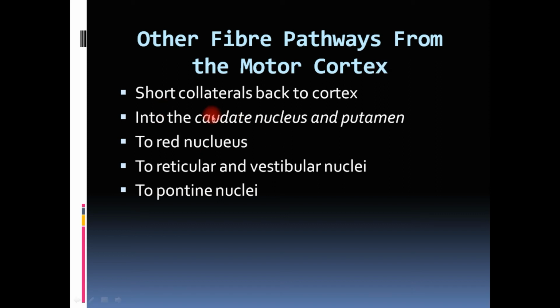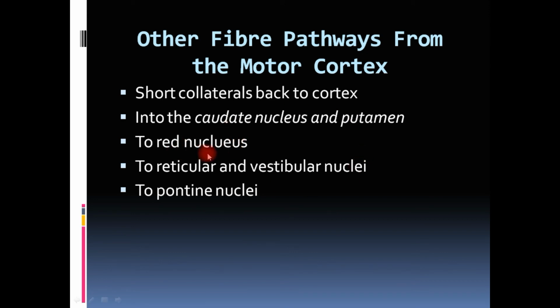Second, it sends the signal to the caudate nucleus and putamen. The caudate nucleus and putamen are part of the basal ganglia. As we have studied, the basal ganglia is another area of the brain which is responsible for initiation of movement. That is why the supply to the caudate nucleus and putamen is responsible for activation of the basal ganglia, which further helps in the initiation of the movement.